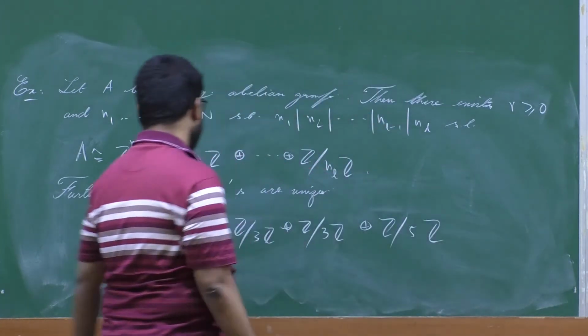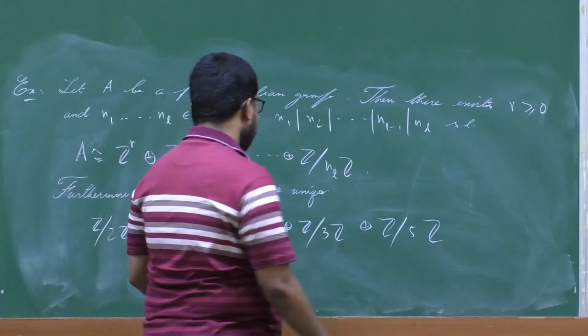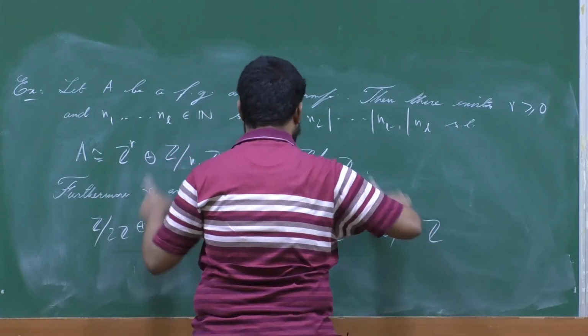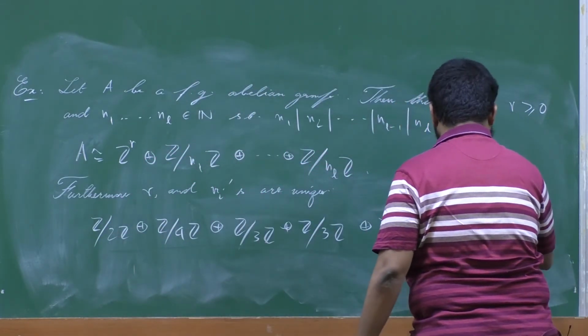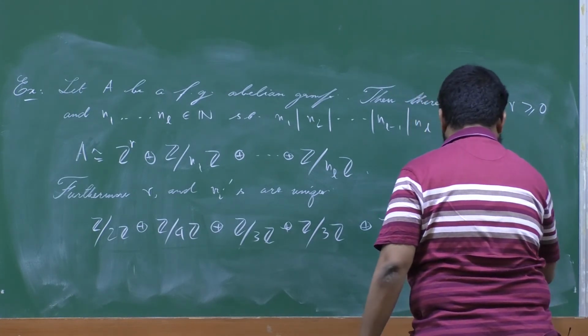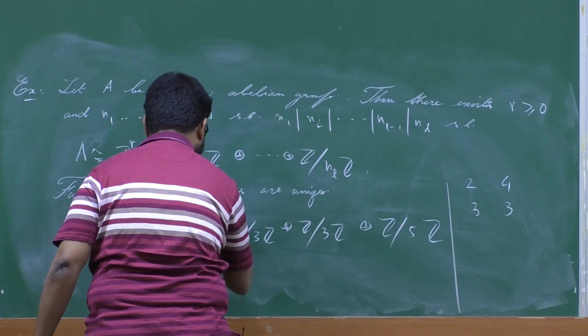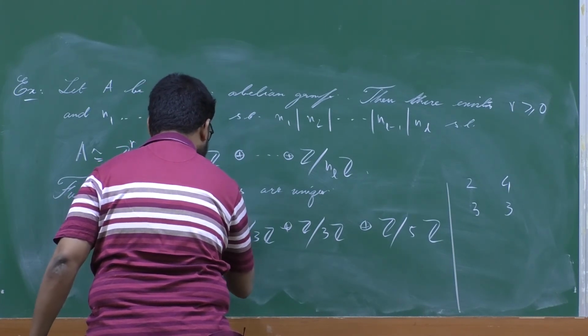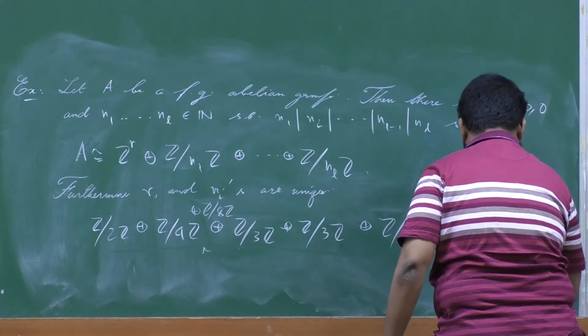So this is my finite abelian group, and there is no free part. How to put this in this form? We write down the elementary divisors. For 2 we have 2, 4, for 3 we have 3, 3, and if we add one more term here, that is not a problem either. Z modulo 8Z: 2, 4, 8, let's say 3, 3, then 5.